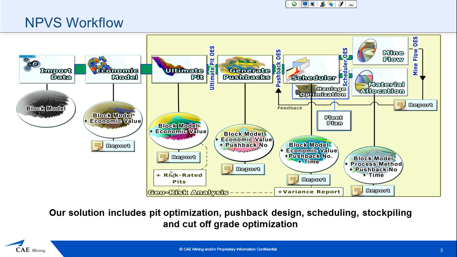The next stage is the ultimate pit optimization, which uses the Lerchs-Grossmann algorithm and the values from the economic model to give you a final pit. Once you're happy with your final pit, we're able to generate the pushbacks. And with pushbacks, we're able to get our schedule. Once that schedule has been prepared, at that point we can bring it into the MAO and MFO.